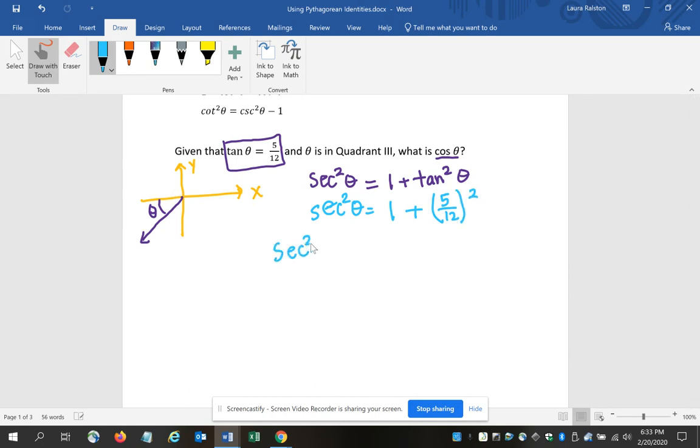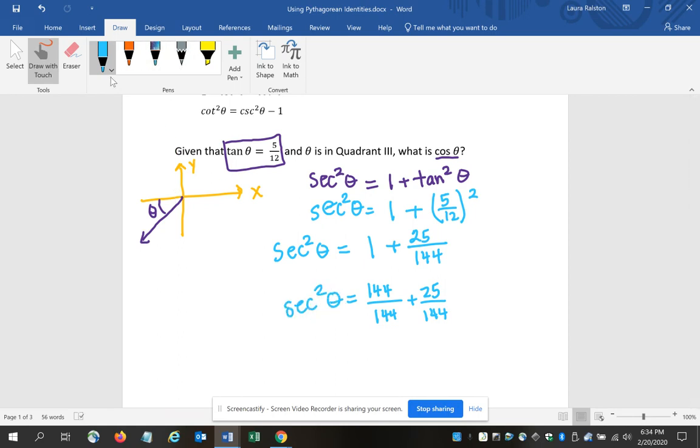So I have secant squared theta equals 1 plus 5 times 5 is 25, 12 times 12 is 144. I need a common denominator, so I'm going to have 144 over 144 plus 25 over 144, and that's equal to secant squared theta.